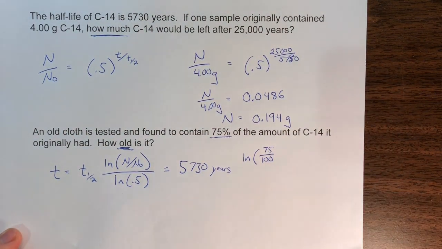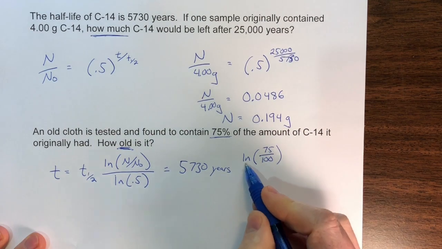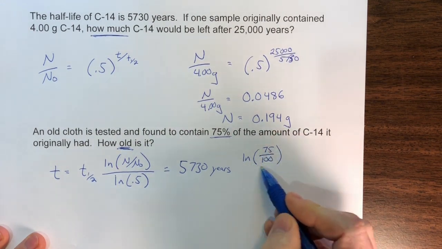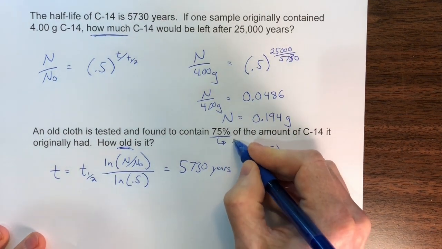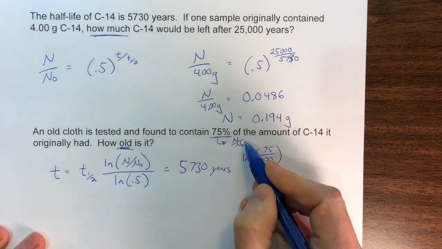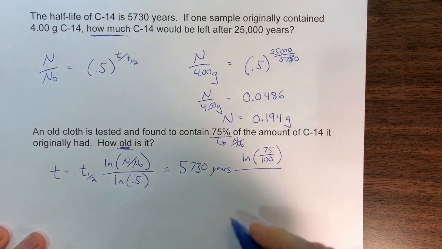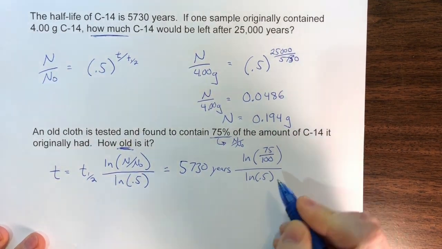Now, you probably don't have that large of amounts, but that fraction is going to be the same either way. This is going to be the natural log of 0.75. So that percentage goes right in here. That's your N over N0 fraction in percent form. We're going to take the natural log of that, divide by the natural log of 0.5, and we're going to get our final answer.